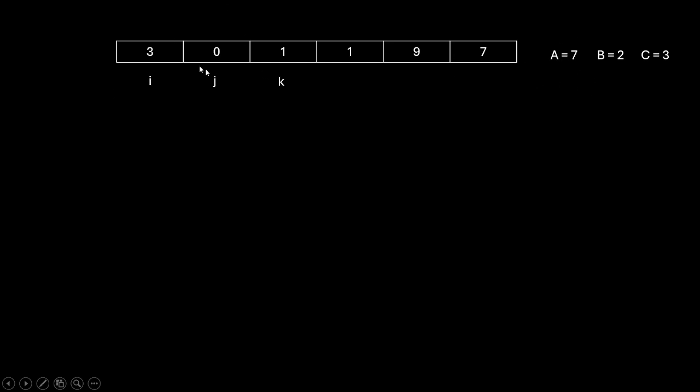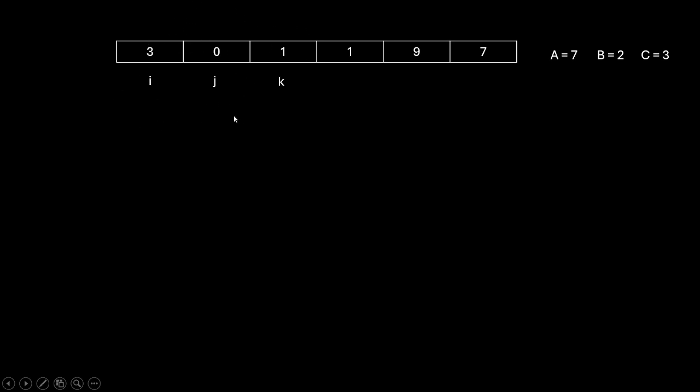Of course, the first condition is satisfied. The second condition is the value at index j and the value at index k, their absolute difference is 1. Okay, 1 is less than or equal to 2. The second condition is also satisfied. And the third condition is i and k, right? So 3 minus 1 is 2, and 2 is less than or equal to 3. Of course it is.